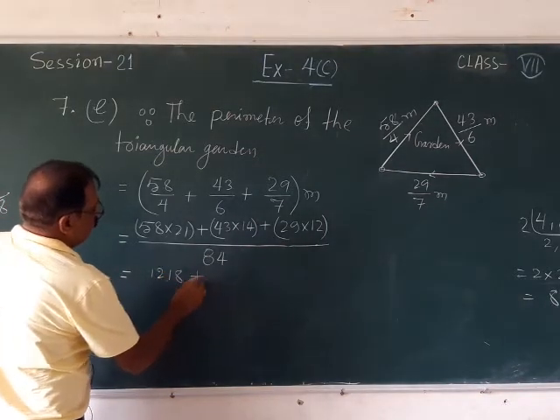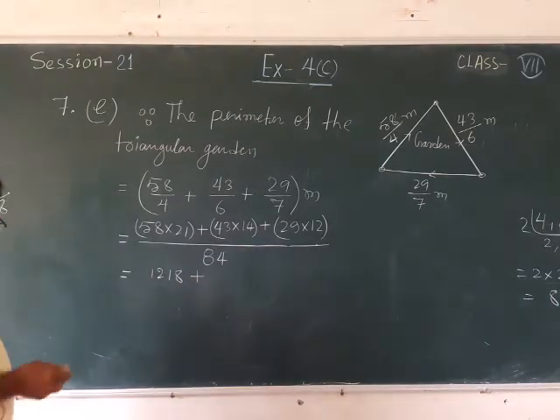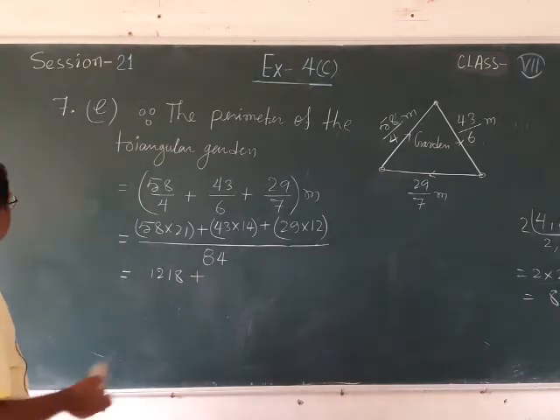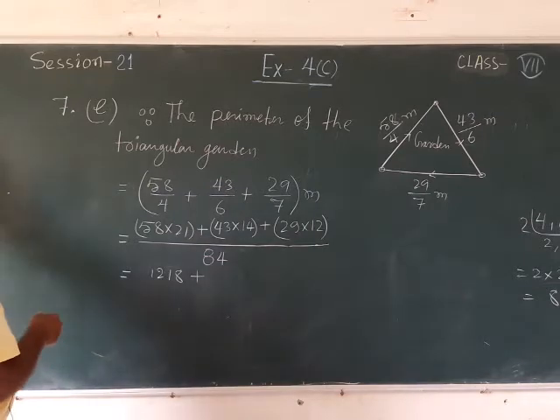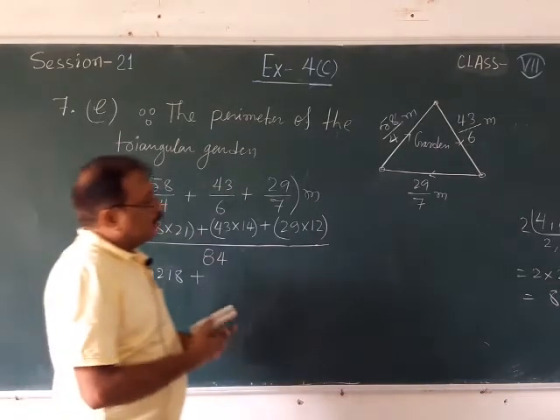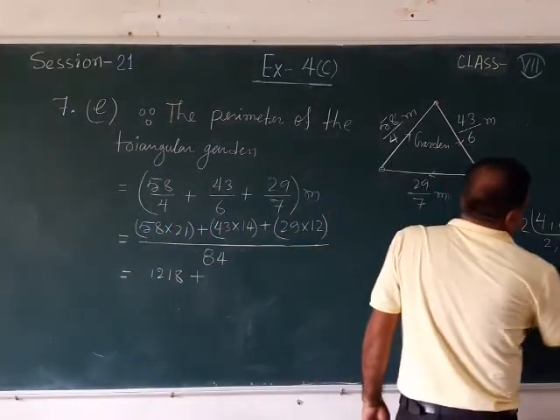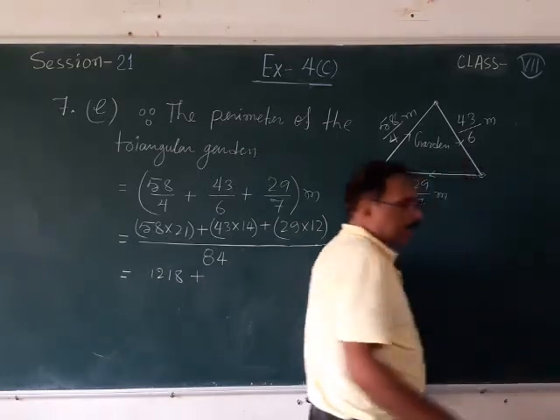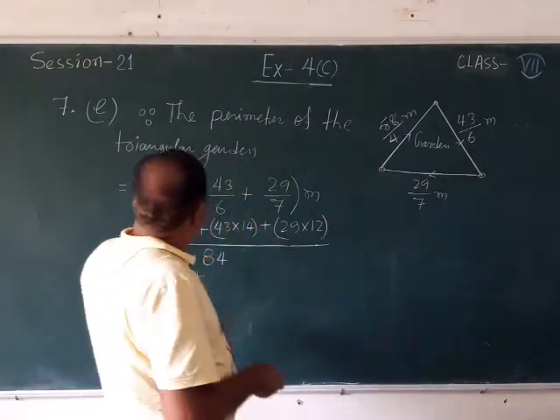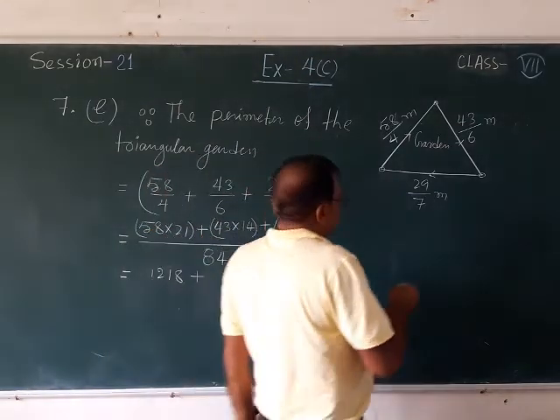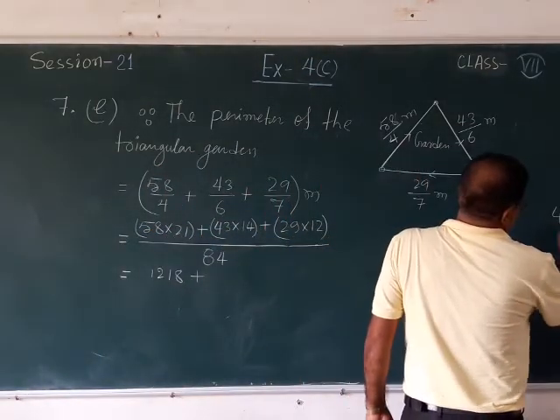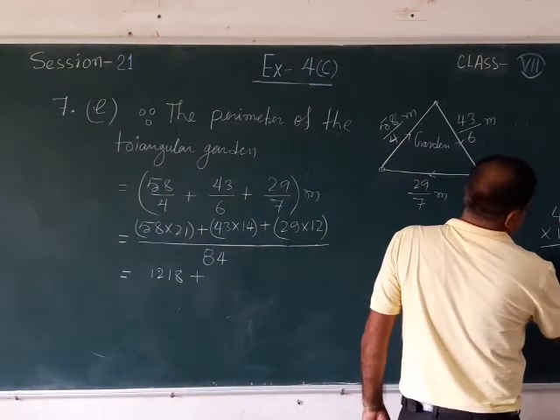You can also do the calculation work, because in calculations I may also make a mistake. So be very careful while calculating. So always check the simplification work here. 43 into 14, just you multiply 43 into 14.